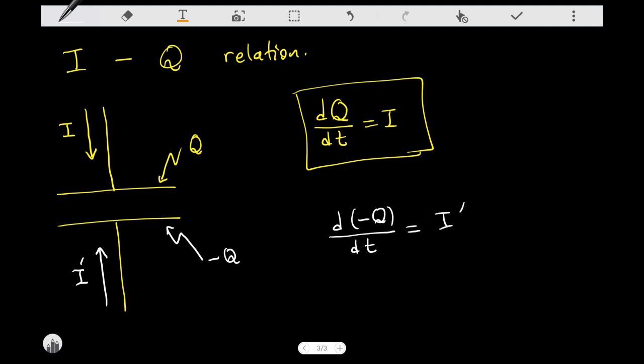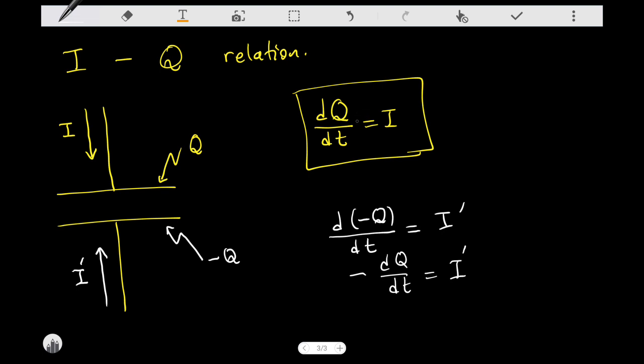So I can therefore write down the current on the other branch, on this branch, as a time derivative of the charge on the other plate. And since there's a negative sign in here, that's minus dQ over dt, that's I prime.